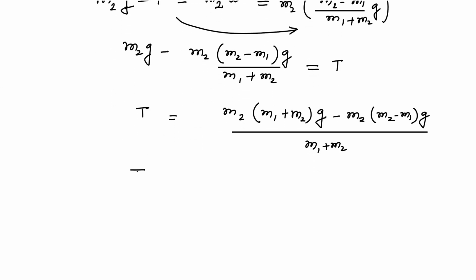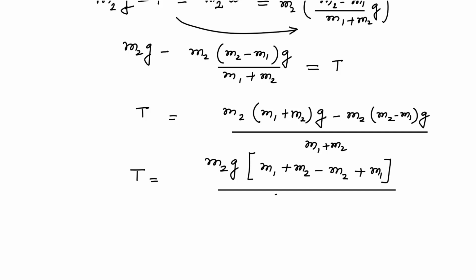So from here we can say T is equal to, if I take g common and m2 also common, we can write m2g. So here I will have (m1 plus m2) minus (m2 plus m1) divided by (m1 plus m2). So m2 gets cancelled out.